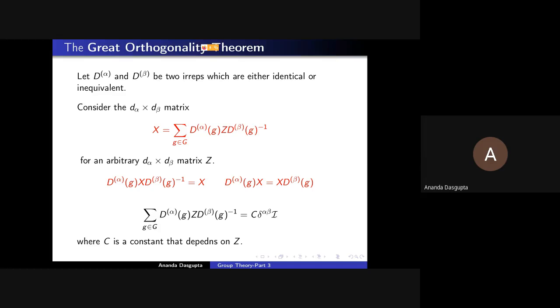What things stay the same when you do a similarity transformation? Trace. And also determinant, right? But determinant is not a nice idea because there are sums of matrices, and the determinant of a sum is not a simple thing at all. But the trace of a sum is simple. It's just that the trace of a sum is the sum of the traces, right? So if you take the trace of both sides, what will you get?